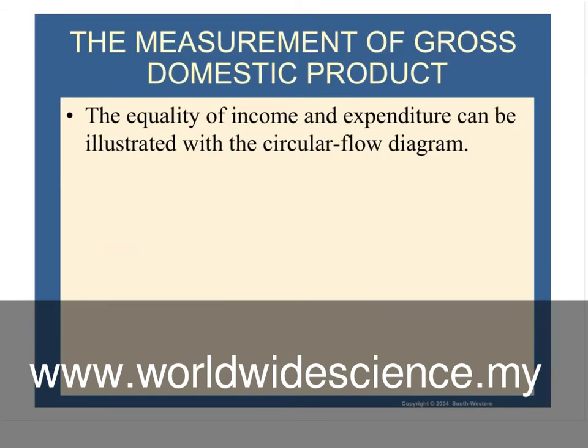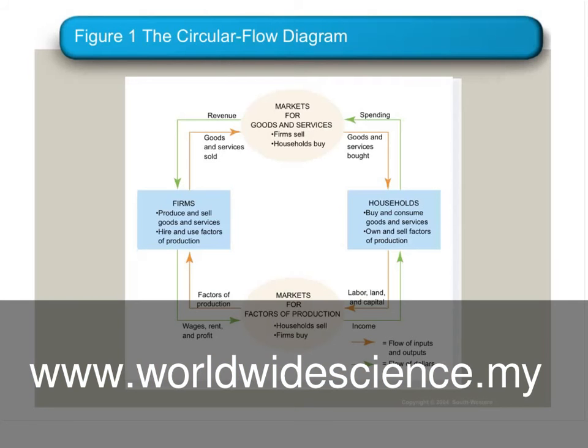The equality of income and expenditures can be illustrated with the circular flow diagram, which you can see here. We have the markets for factors of production, where households sell and firms buy. Firms produce and sell goods and services, and hire and use factors of production.